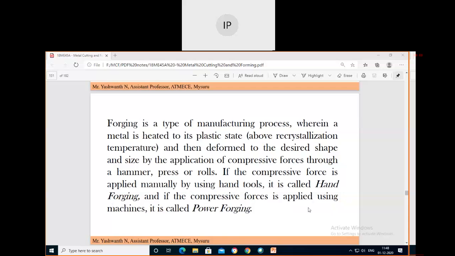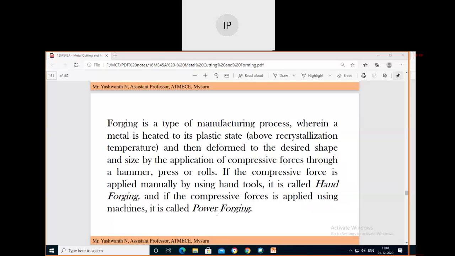And if the compressive force is applied using machines, we call that power forging. Today we have various machines and equipment used for producing quality forged components. Forging can be performed by a blacksmith with hand tools such as hammer, anvil, and tongs.